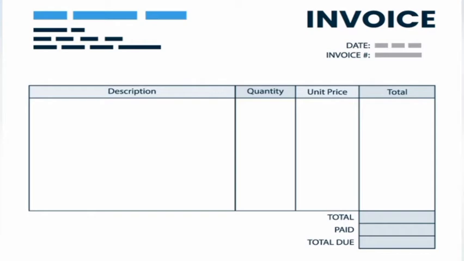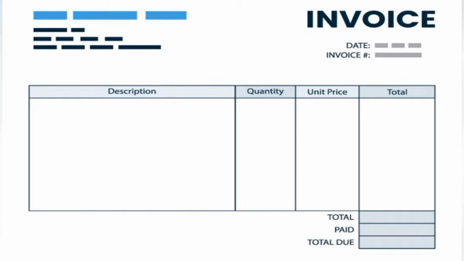The invoice. An invoice is prepared by the seller to indicate the value of goods sold to the buyer. It shows the quality, description of goods, unit price, amount, and term of sales.